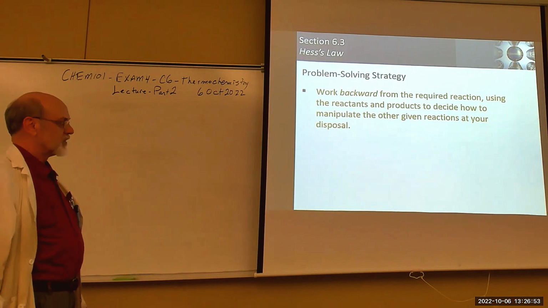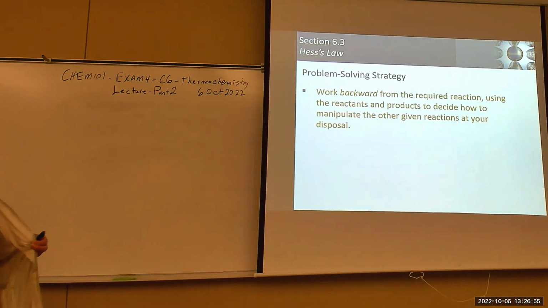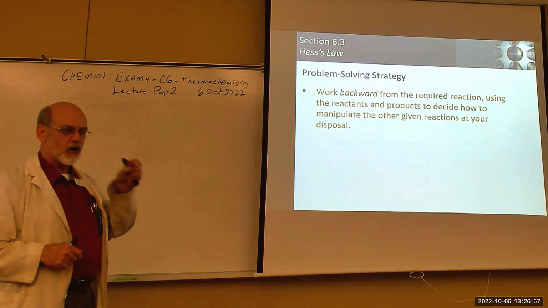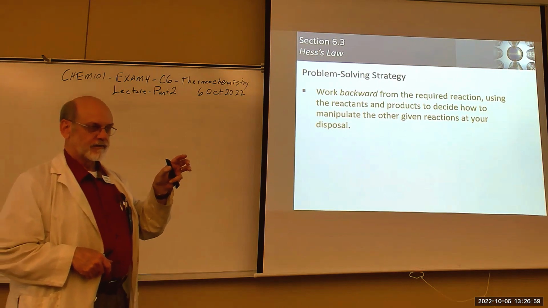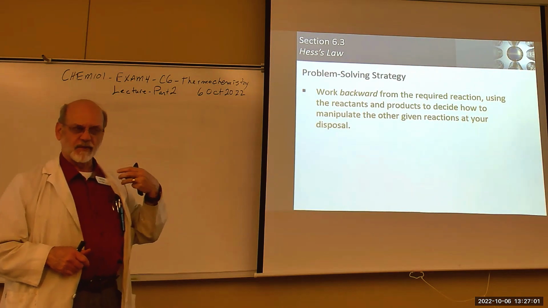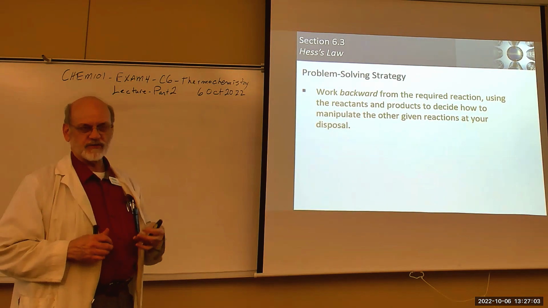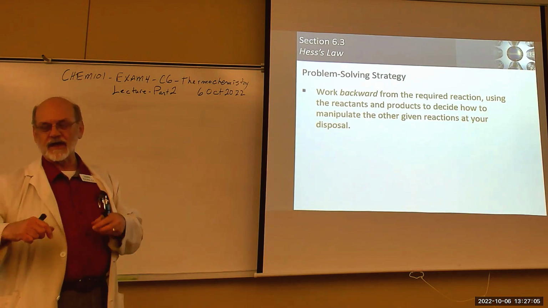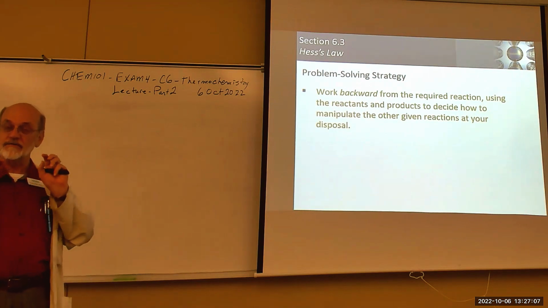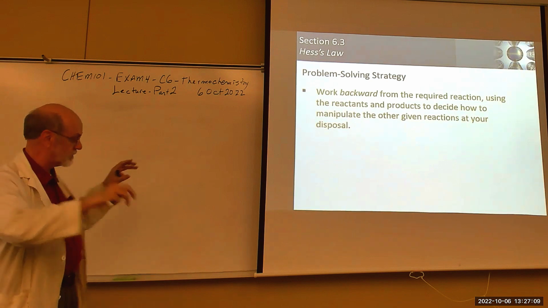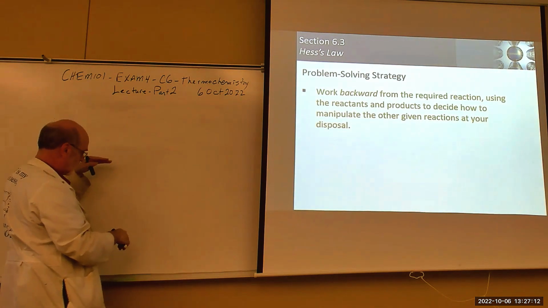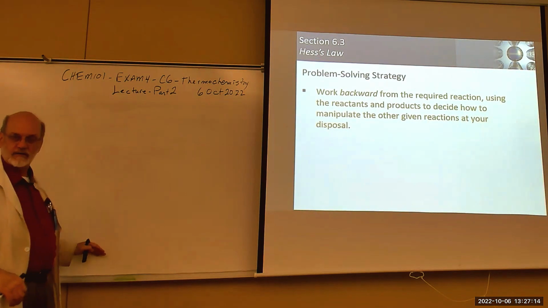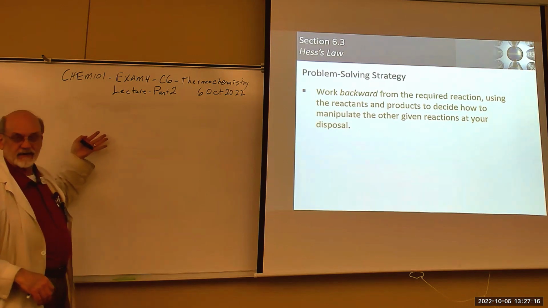Right? So the best way to solve these problems is to work backwards. What's your target equation first? Because I might just be sneaky enough to say, I want you to find the enthalpy for this equation, and I'm going to give you 6 different equations that need to be combined.